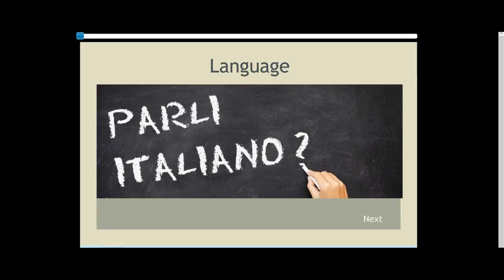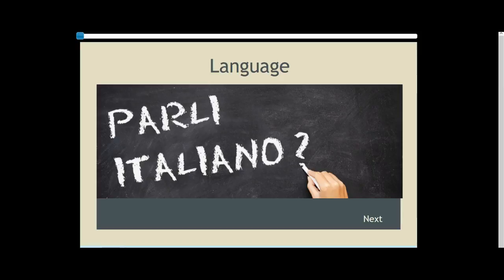And then we'll go right on into the language. So I do not speak Italian, so I'm not even going to try it for you. But obviously for us, our language would be English. It's either a written or spoken language. You'll come across some ethnic groups that have more of a written language.